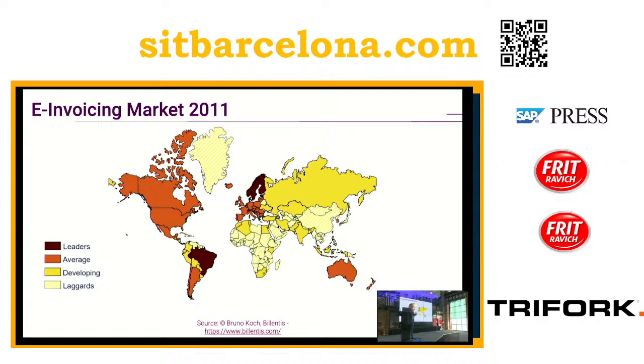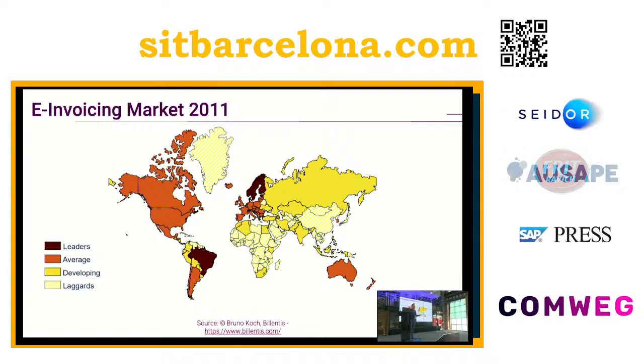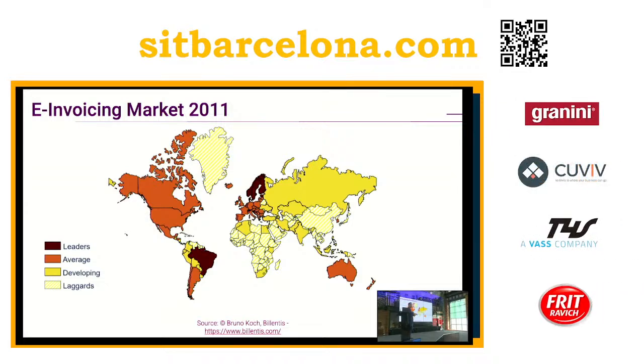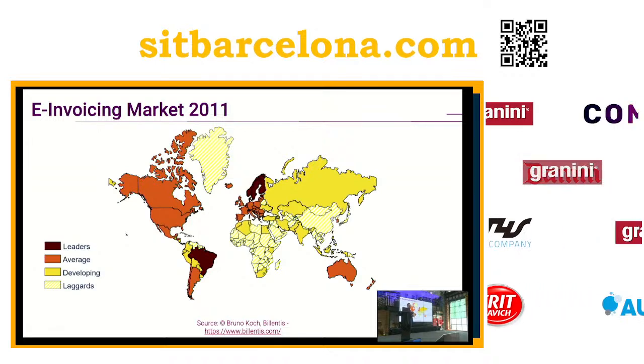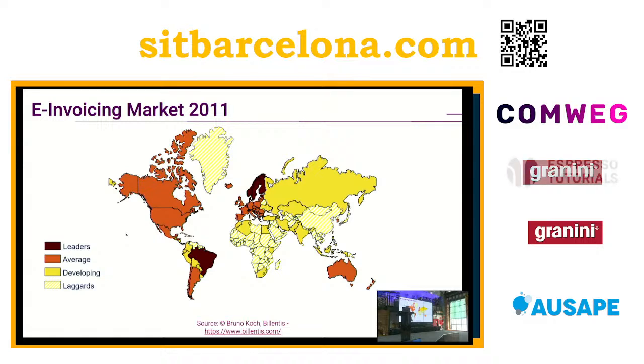I'm Brazilian, I know there are a lot of problems there, okay? They started this with the Nota Fiscal Eletrônica in Brazil, exactly with the goal to fight against the tax evasion. So we start the time lapse, it's very short.